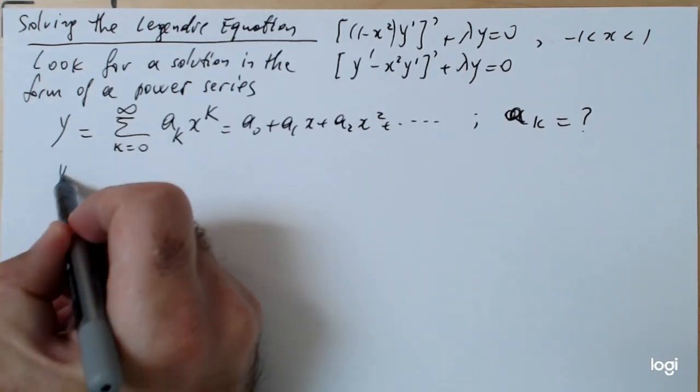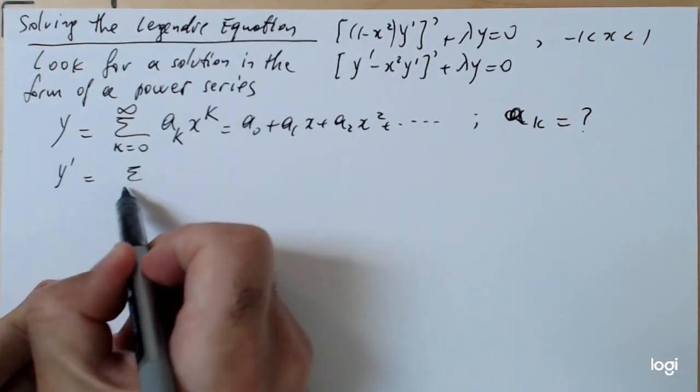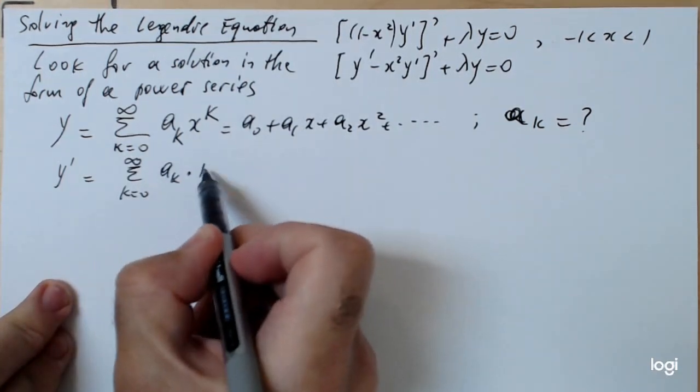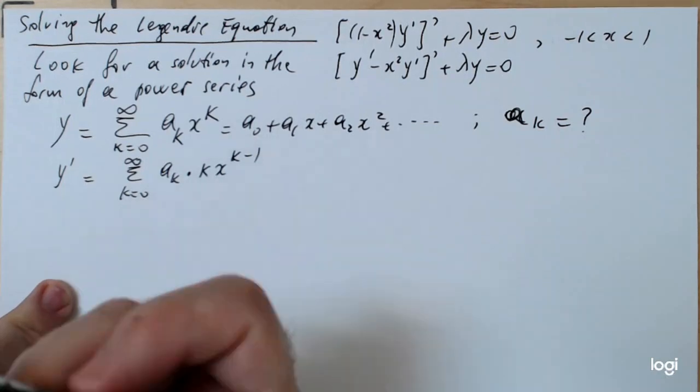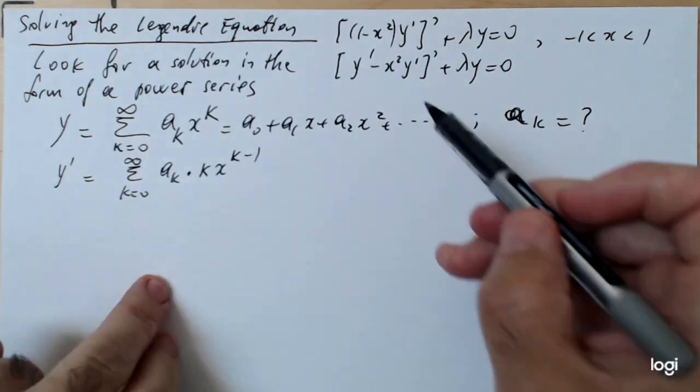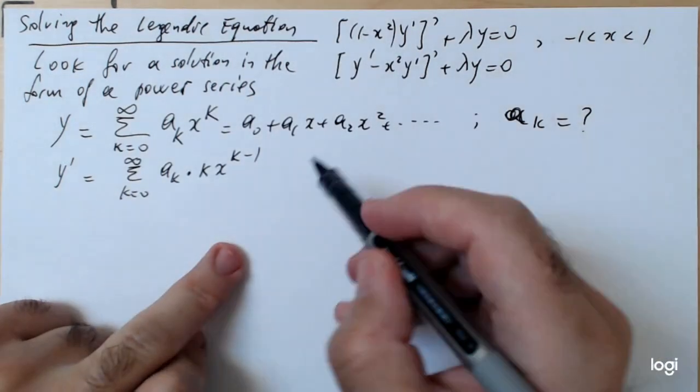So y prime, we're going to differentiate inside the summation. So we're going to have a_k k x to the k minus 1, the power rule. And we need also x squared times y prime when we plug it in here.